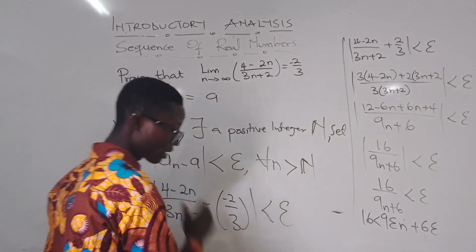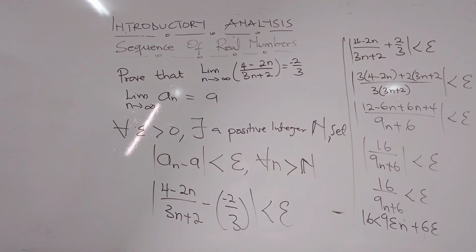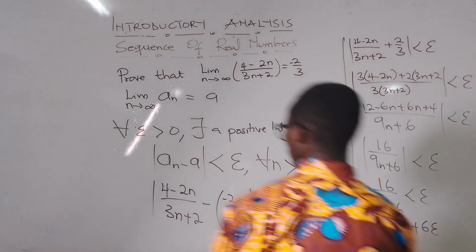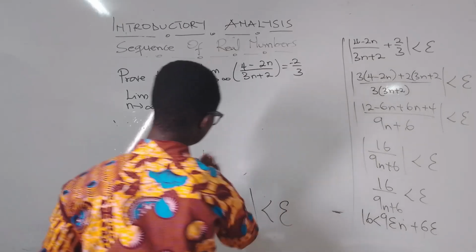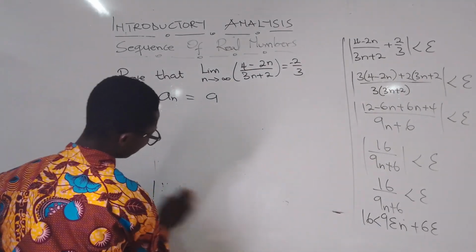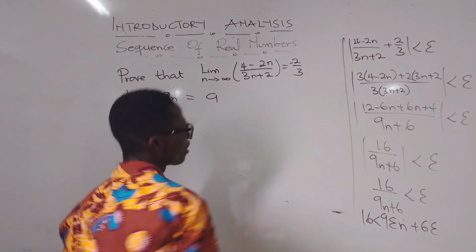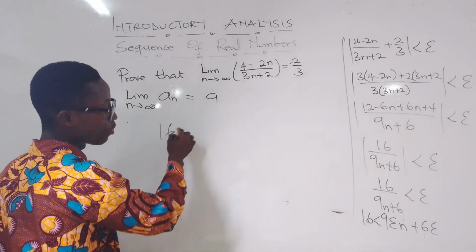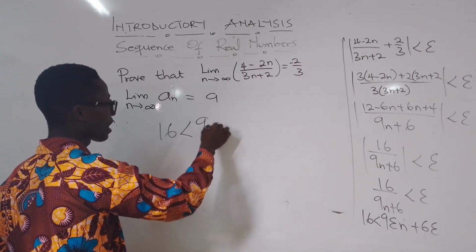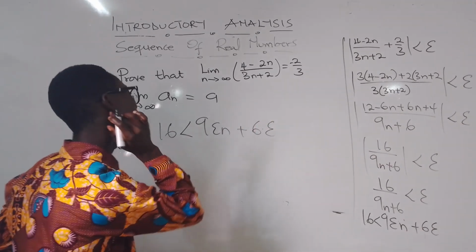So here, let me clean here. I am going to have 16, which is less than 9 epsilon n plus 6 epsilon.